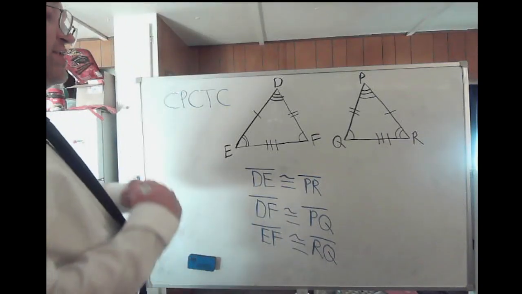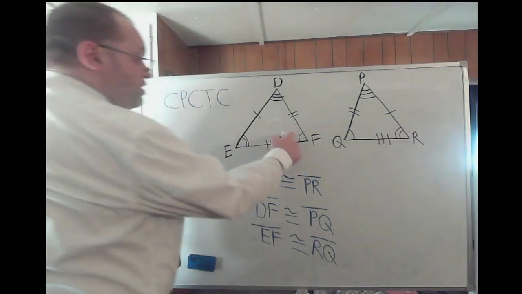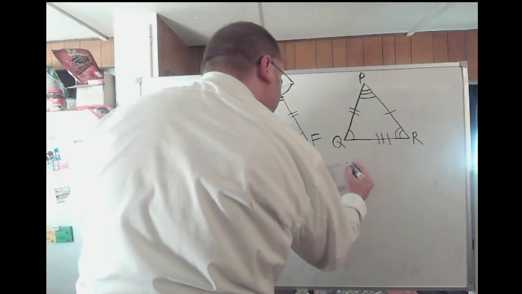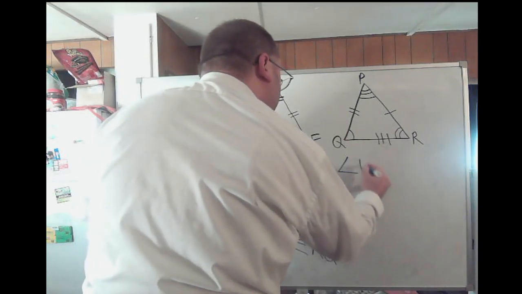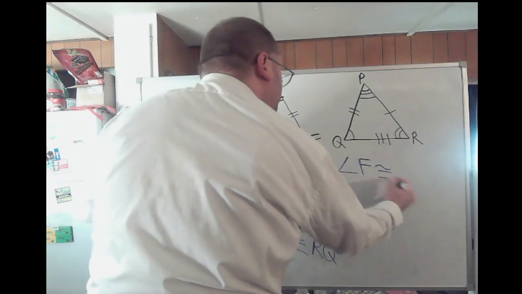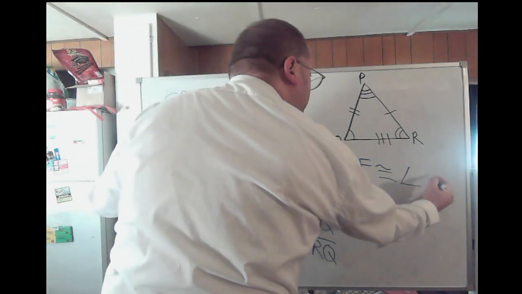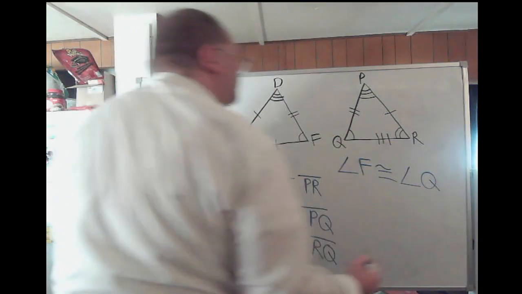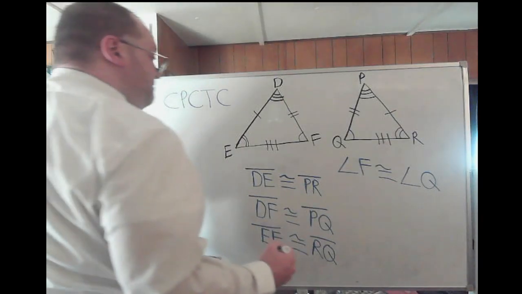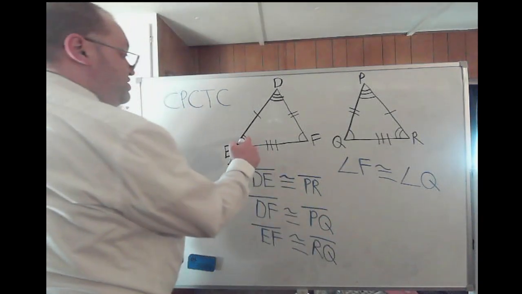Let's identify the congruent angles. Start with the 1 arc. We have angle F. Angle F is congruent to, on this triangle, we have the 1 arc on angle Q, is congruent to angle Q. And then what else? Start with the 2 arcs.